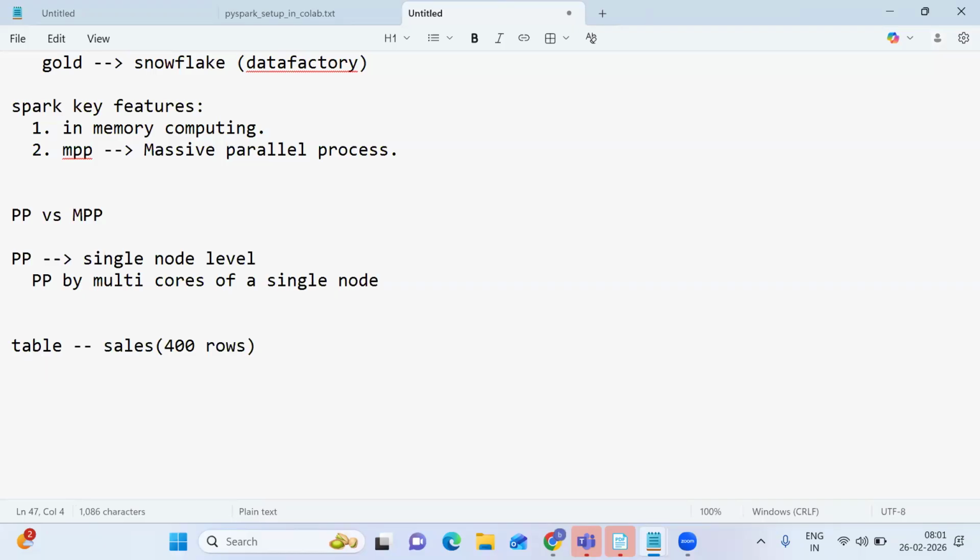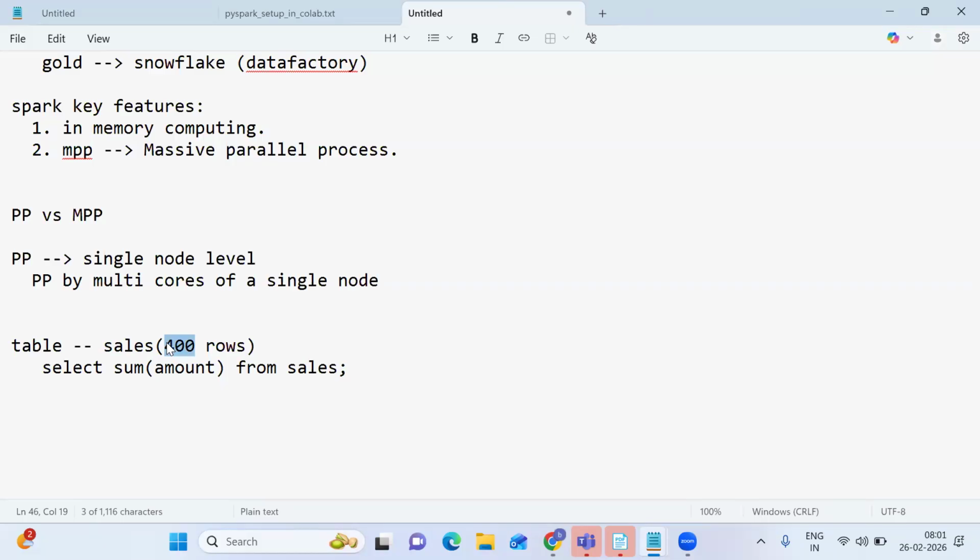Suppose I give a Spark SQL query: select sum of amount from sales. What is the meaning expected by this query? That is total sales. How many records are there? 400. So in normal data processing, what is the style?